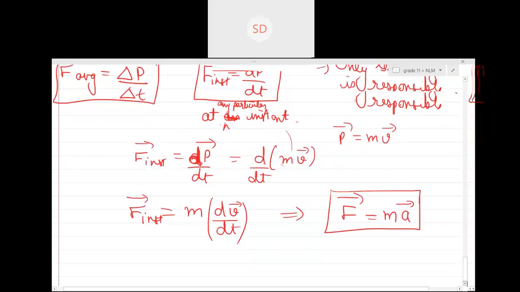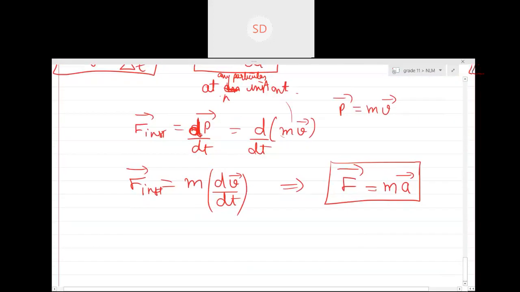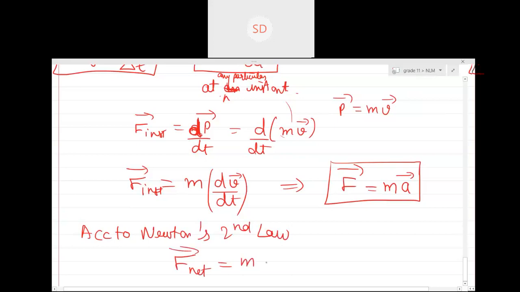So from here you derive this particular thing: F is equals to mass into acceleration. Please remember, according to Newton's second law, the net unbalanced force will create a net acceleration in its direction.